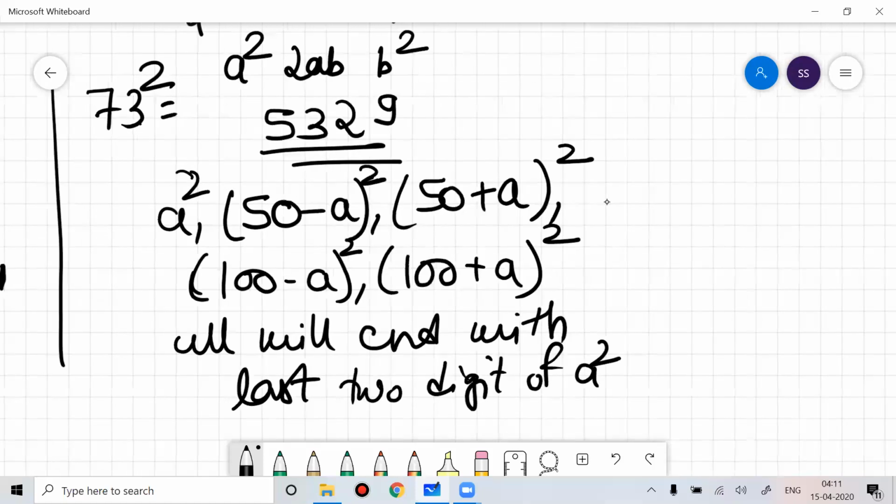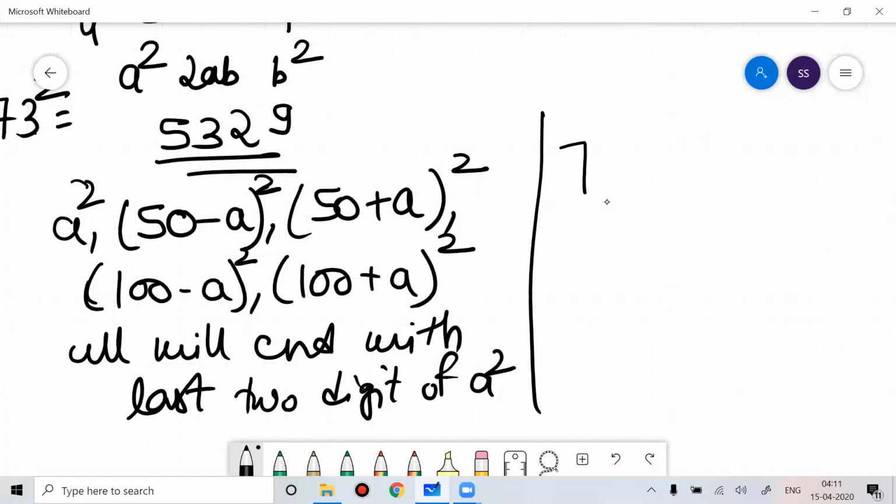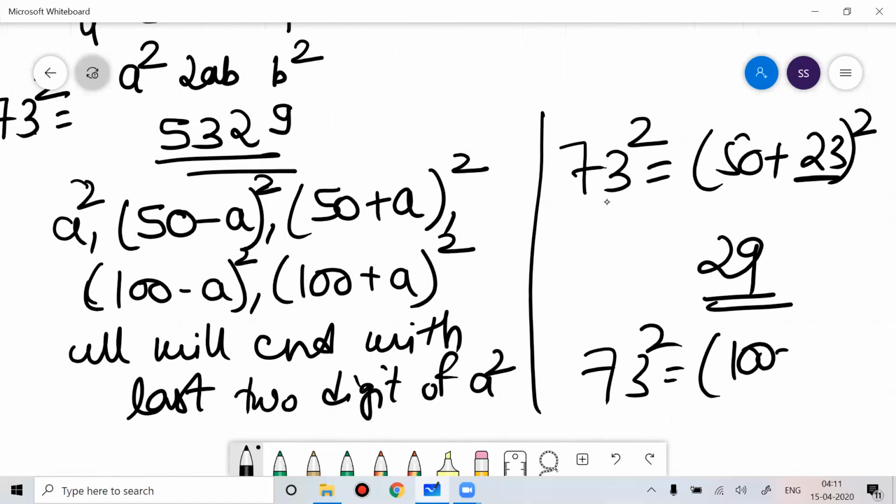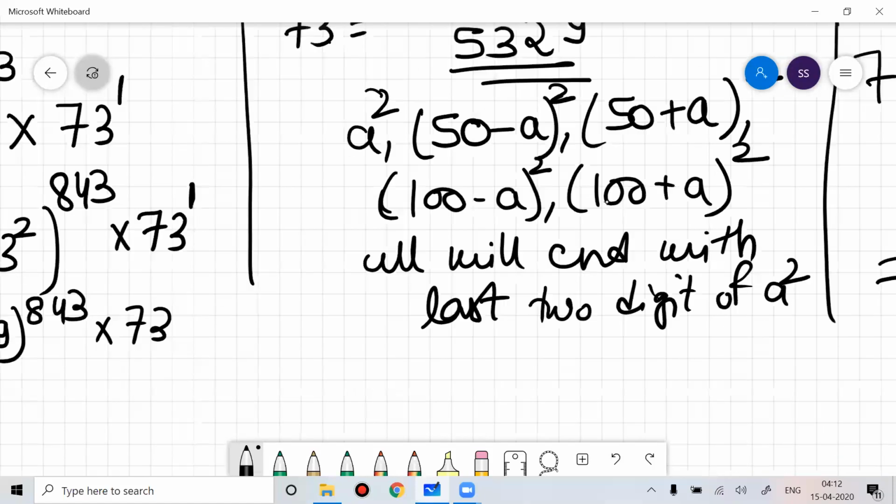So when you have to find the last two digits of 73, I can write 73 as 50 plus 23. What is the last two digits of 23 square? 29. That's it. Or you can write 73 as 100 minus 27. The last two digits of 27 square, 729, is 29. That's it. Your work is done.